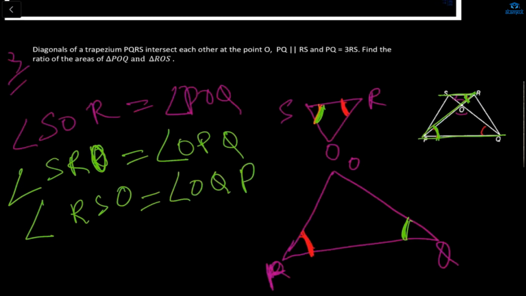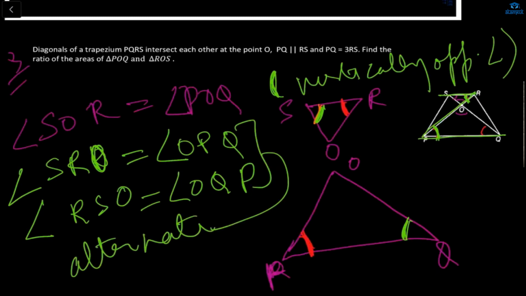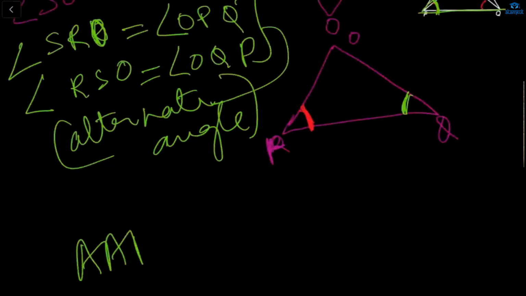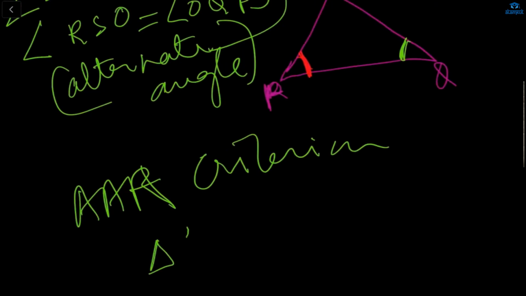For these, they are alternate angles, and we are able to do this because PQ is parallel to RS. Now from AA criteria, all the three angles are equal. So triangle POQ is similar to triangle ROS.